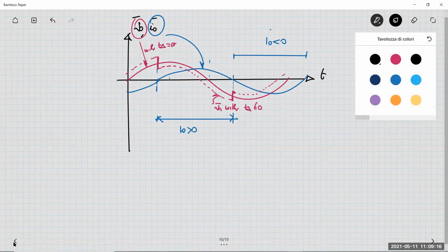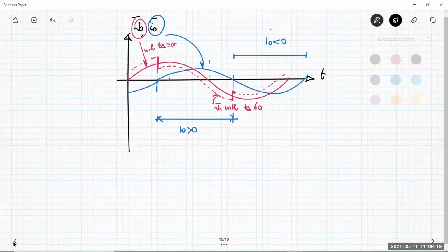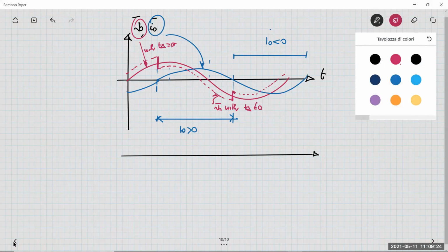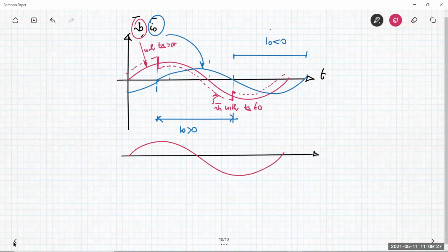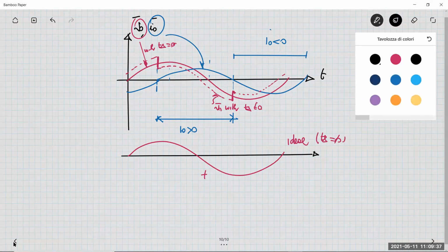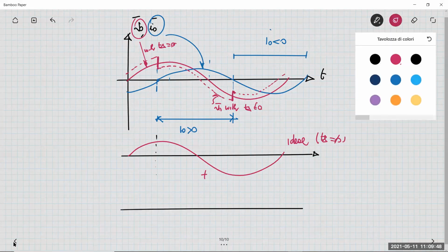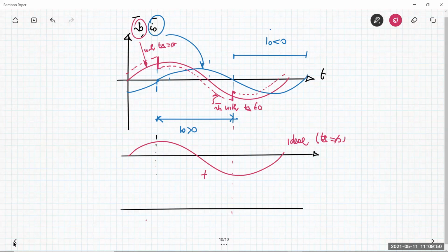If you think of this situation, the real case, it's like you have the ideal case of the voltage, like this, plus something added to it. A little bit exaggerated, but it is something like this.